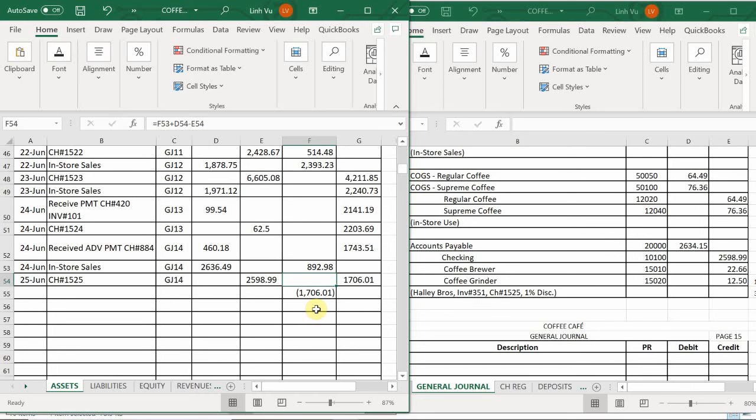So I'm missing 300 bucks. I got... Did you debit or credit? 1,146.29. I have typed this wrong. You said 1,706.01. Mm-hmm. Okay, thank you.